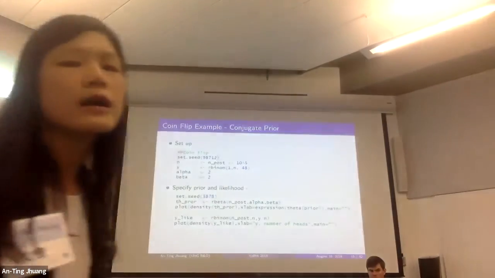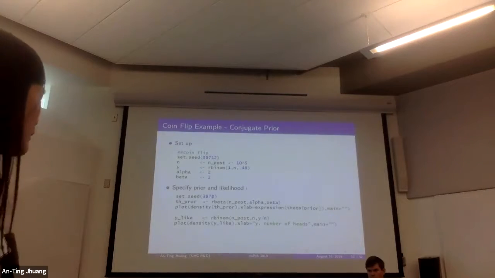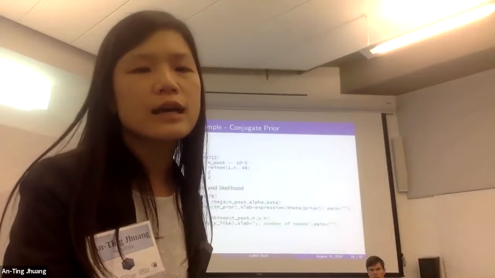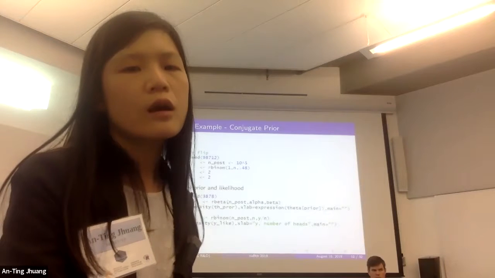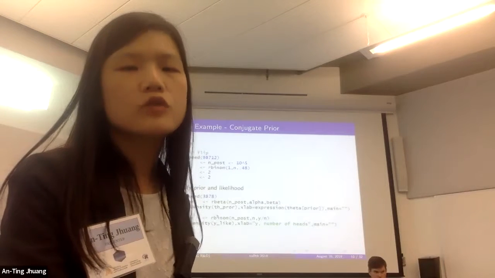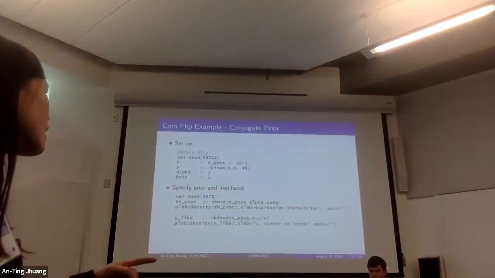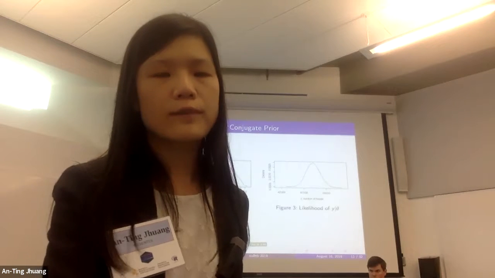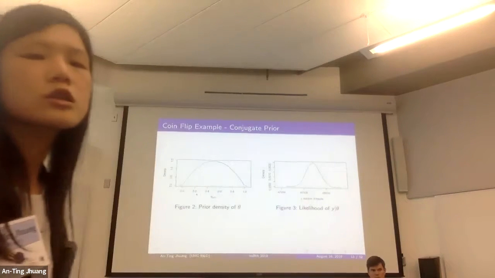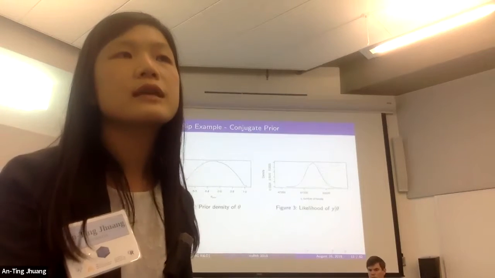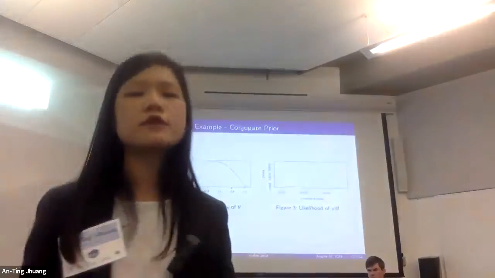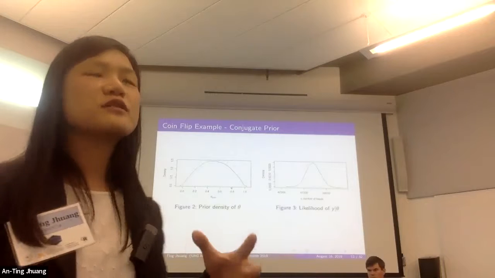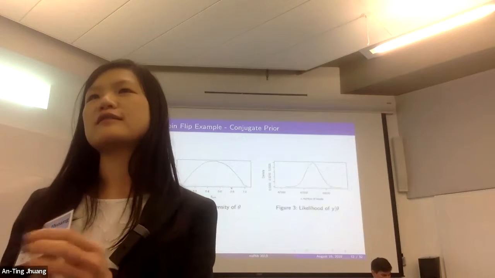The next step is to specify our prior and likelihood. In R, it's pretty easy, you can just use a random sample of beta and also binomial to make a plot of prior and likelihood. All right. This figure 2 shows our prior belief of theta. I propose this prior because I believe this coin is fair.